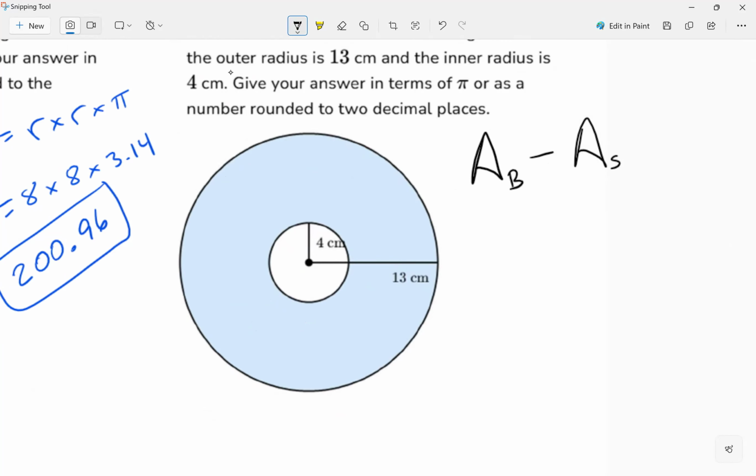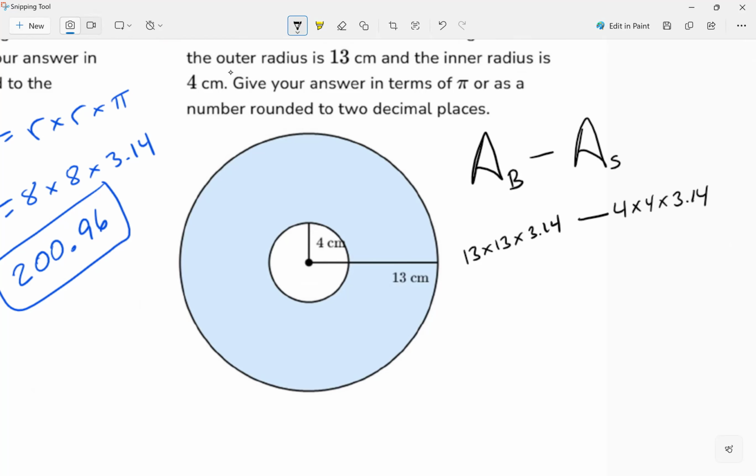So the way I'm gonna calculate the area of the big circle, I'm gonna go 13 times 13 times 3.14. I'm gonna use 3.14 for pi. That's the area of the big circle, minus the area of the small circle. The radius of the small circle is 4. So for that one, I'm gonna go 4 times 4 times 3.14.